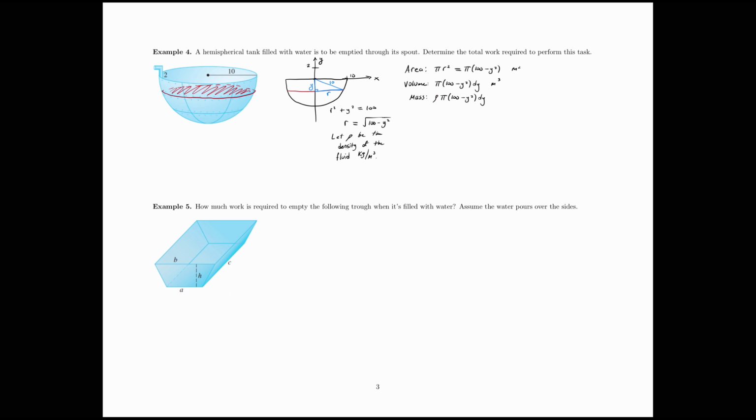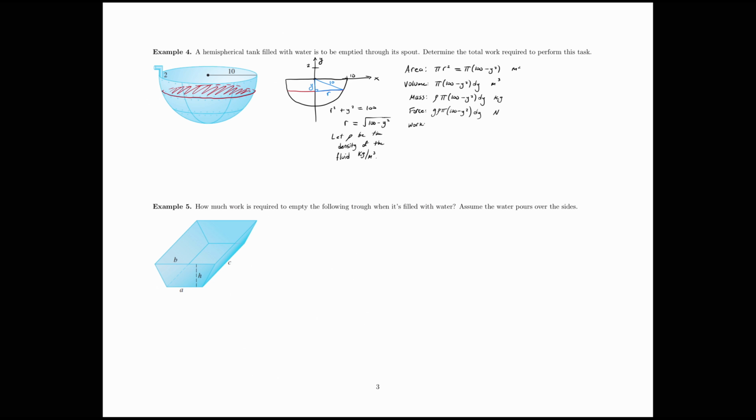Okay, so after that, we've got force, which of course is going to be found from taking the mass and multiplying by the acceleration due to gravity. Oops, I forgot mass is kilograms, and force here would be newtons.